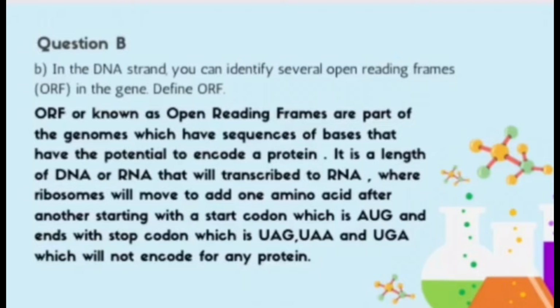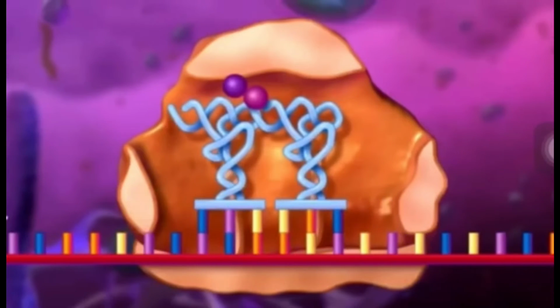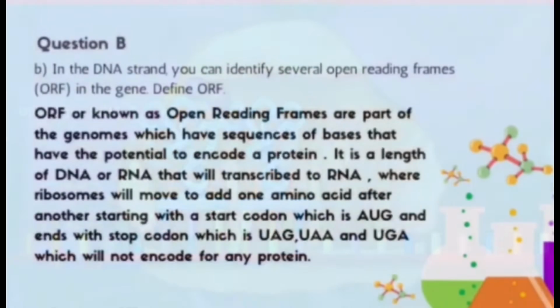So it is a length of DNA or RNA that will be transcribed to RNA, where the ribosomes will move to add one amino acid after another, starting with a start codon, which is AUG, and it ends with a stop codon, which is UAG, UAA, and UGA, which will not encode for any protein.